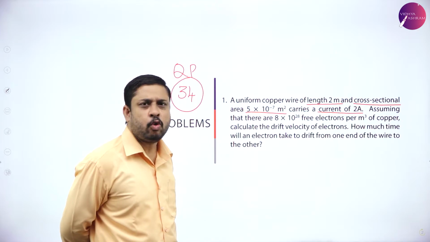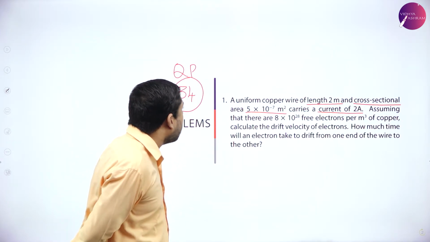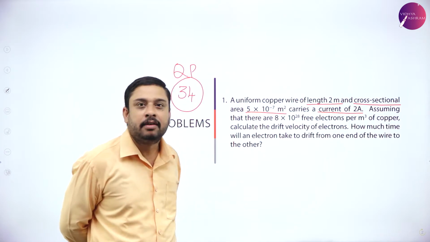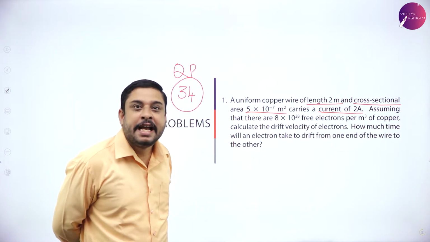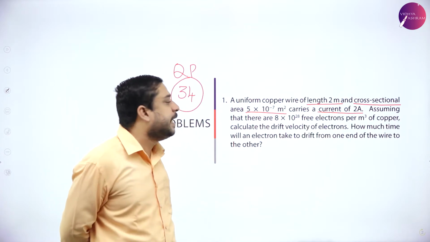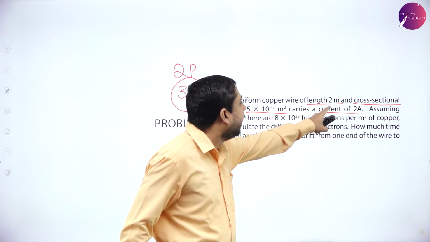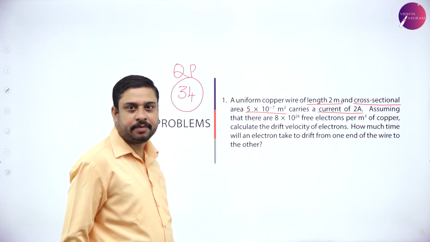Length, which is 2 meter, cross-sectional area 5 into 10 power minus 7 meter square, and current carried is 2 ampere.